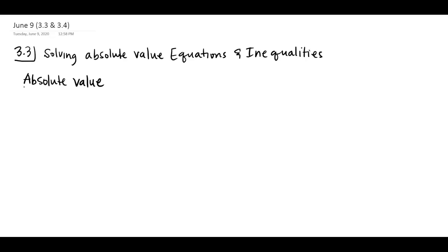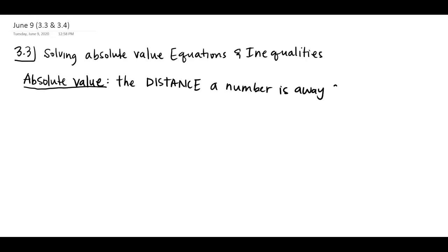All right, so just to make sure we're all on the same page, absolute value is the distance a number is away from zero on the number line.